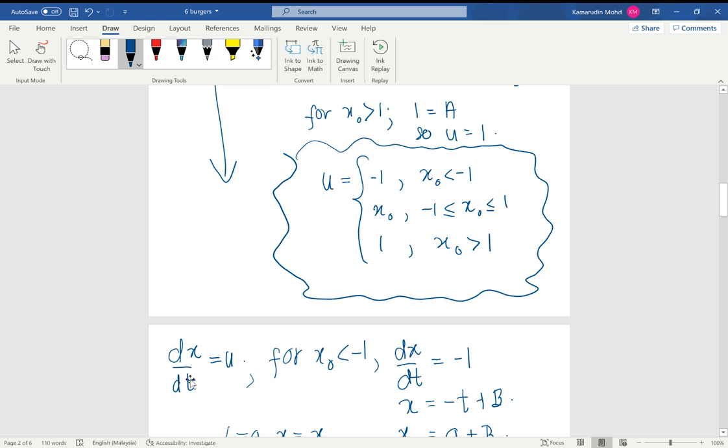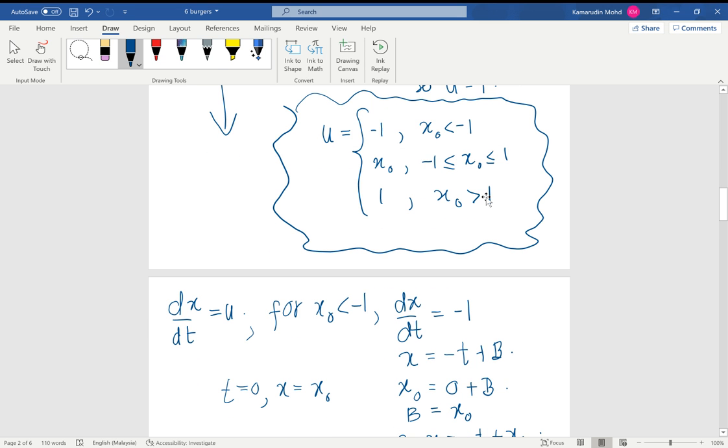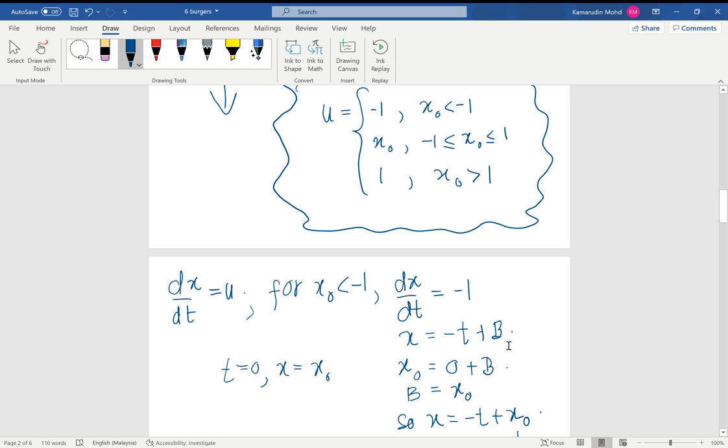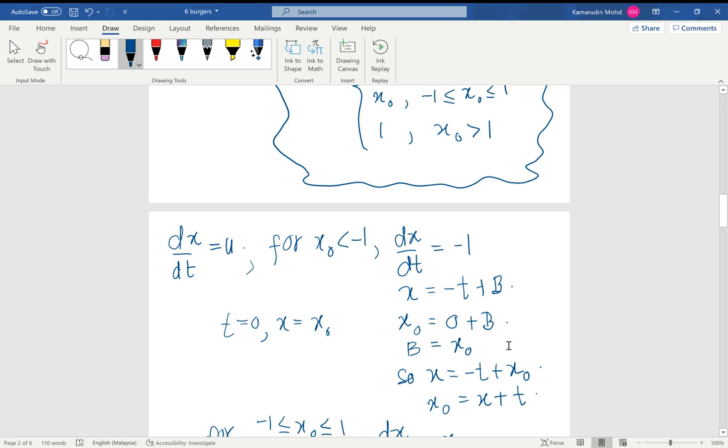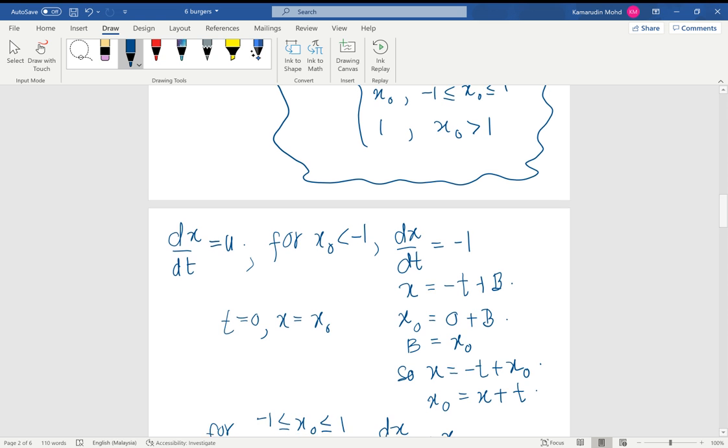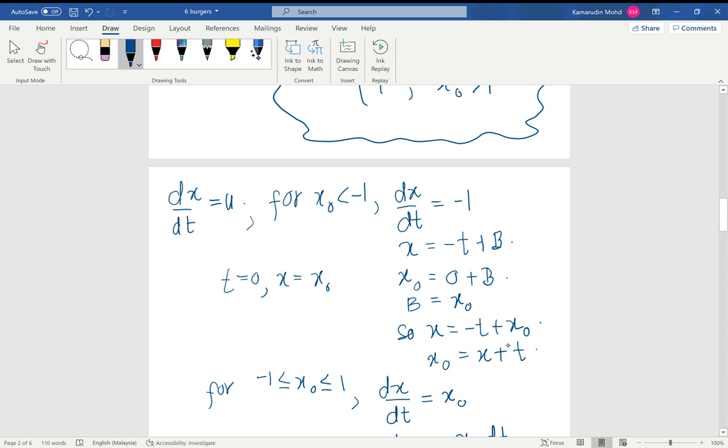By solving the equation for x, for each case we get the relation between x naught and x and t. For the first case, x naught less than minus 1, in this solution we can replace x naught as x plus t.